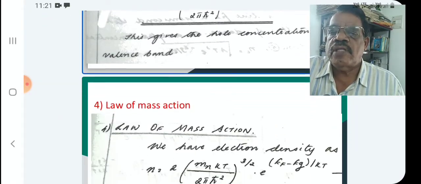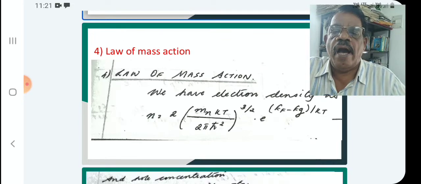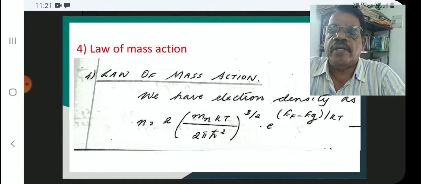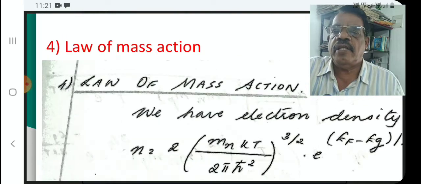So the three equations we have seen, and then there is an important law which is called the law of mass action.